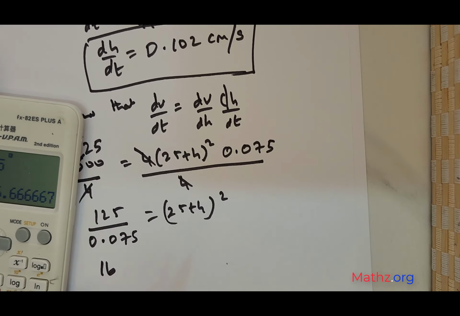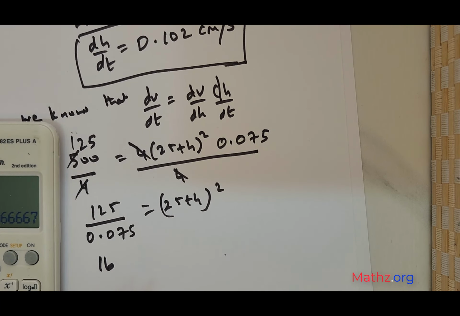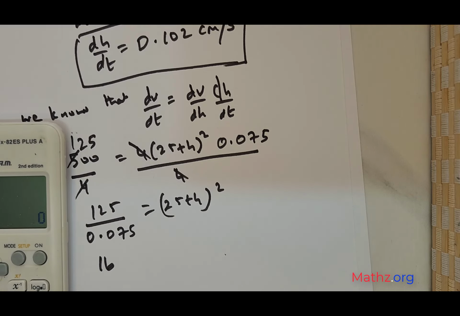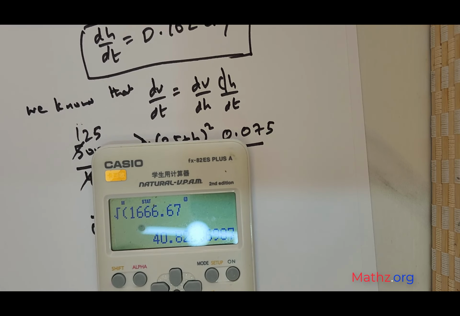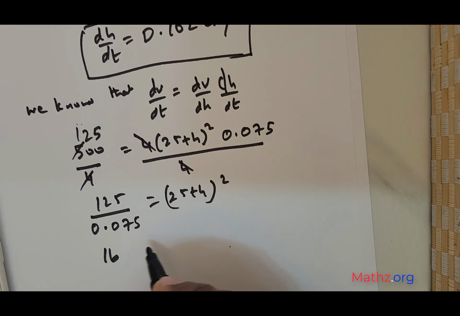So let me see what I get when I take that square root. That is approximately 40.82.